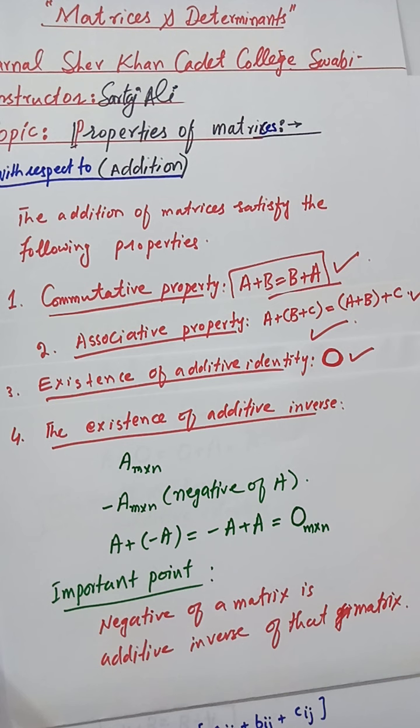Existence of additive identity: the null matrix or zero matrix is the additive identity, taken with the same order as the given matrix. And the existence of additive inverse: the negative of a given matrix. So these are the properties with respect to addition. Thank you.